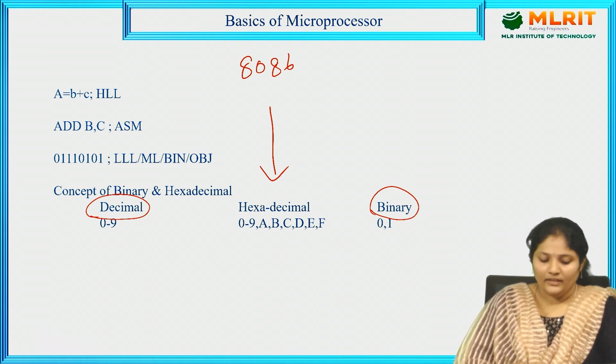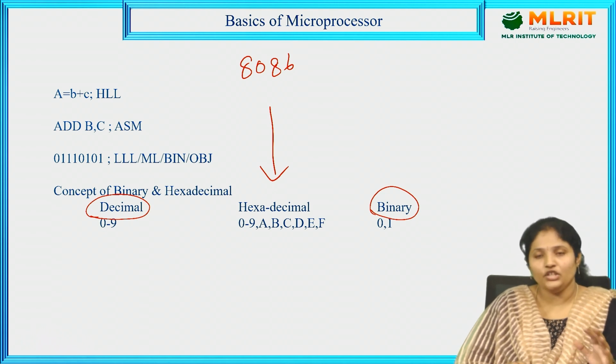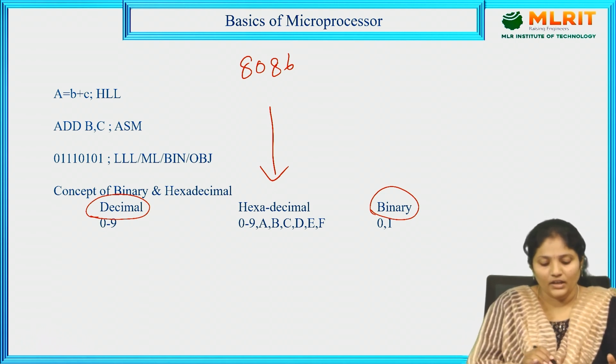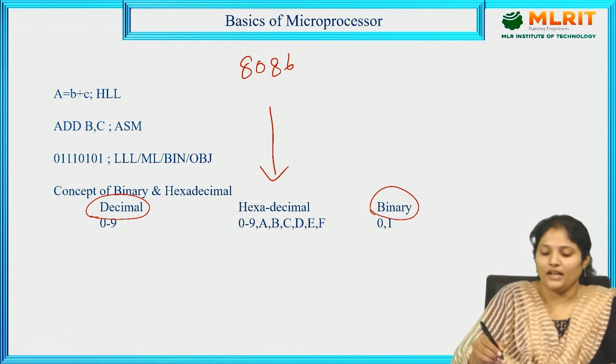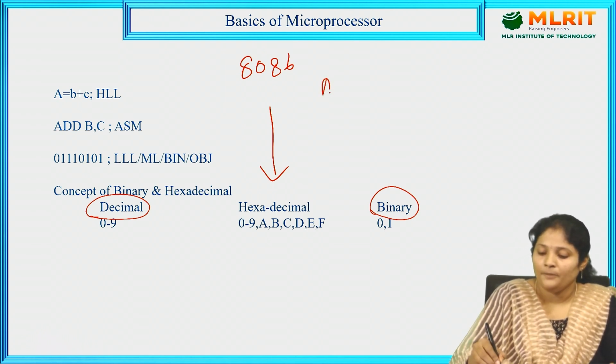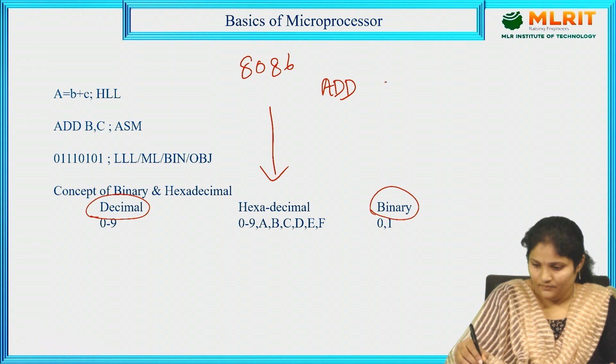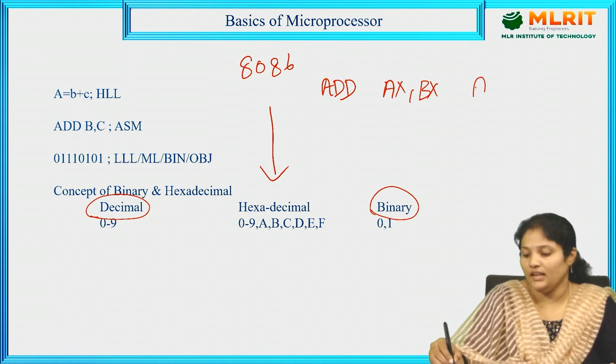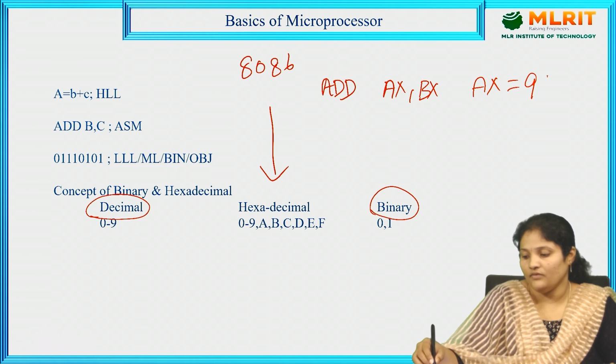Because to represent every digit of the decimal number system, we use the binary number system. Suppose I would like to give data like ADD AX, BX, where the data present in AX is 91 and BX is 21.